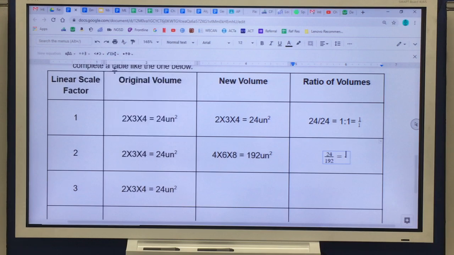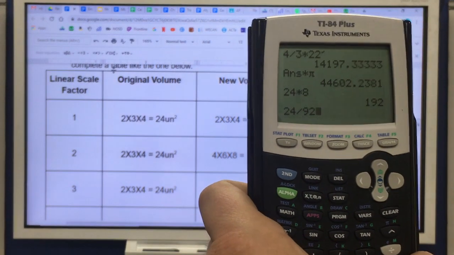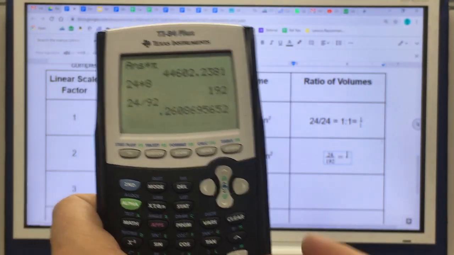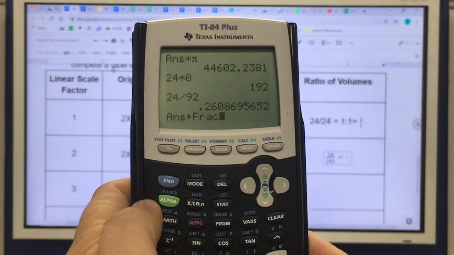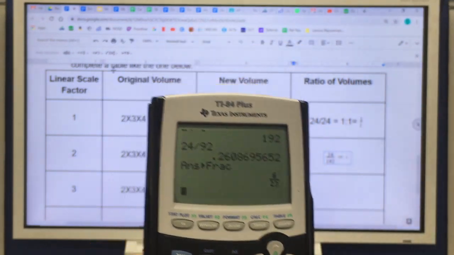And if I get out the old calculator and I type in 24 divided by 92, I get that. And that means nothing to me. I hope you remember this trick, math, enter, enter, and it turns it into a fraction. Hey-oh, 6 over 23.